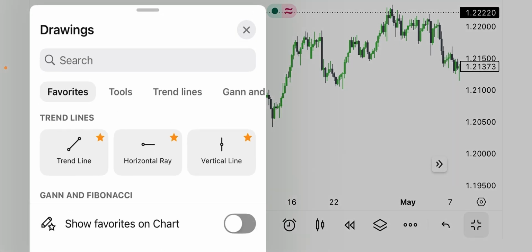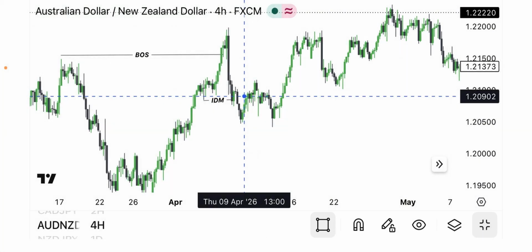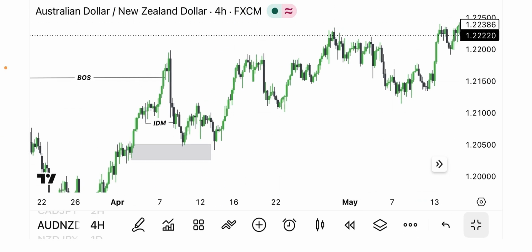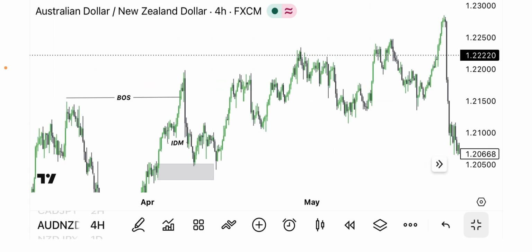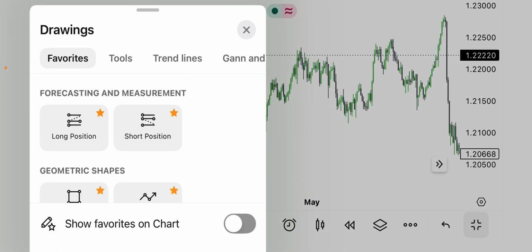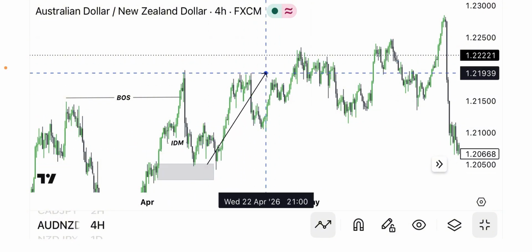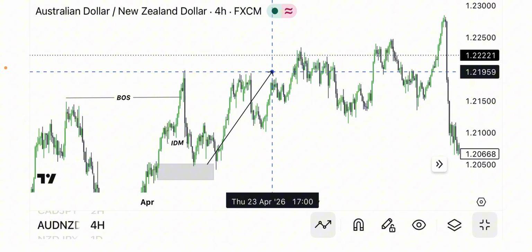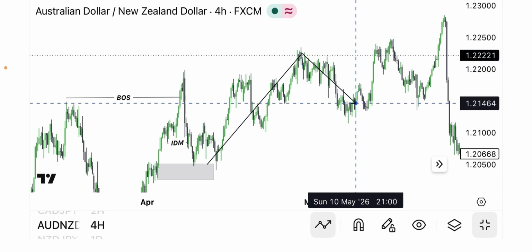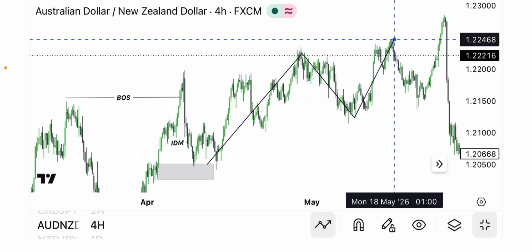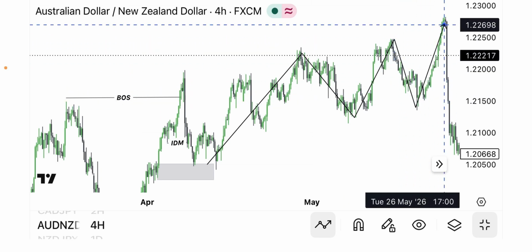After the inducement, the market tapped on this particular demand zone and then started making its way towards the upside, right? And then after this structure, we still had another one. This is where the market broke structure from here to here. After this break of structure, the market came into this place and then made moves to the upside, came back down again, made moves to the upside again.